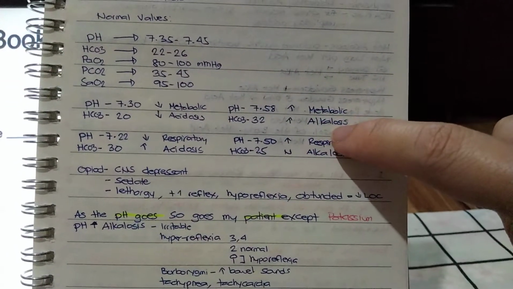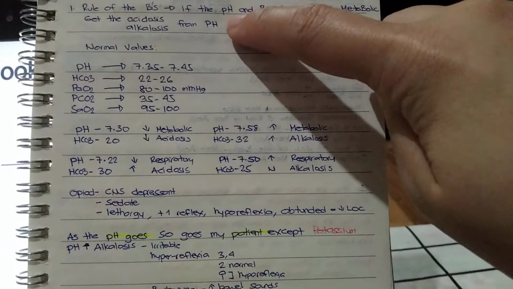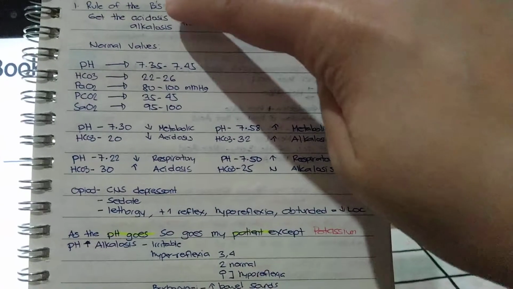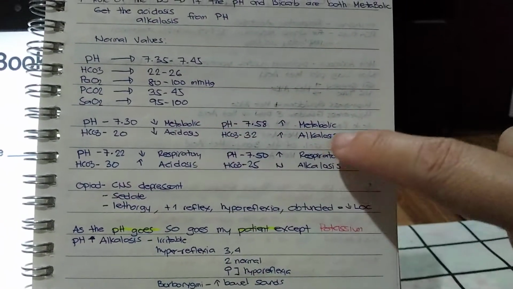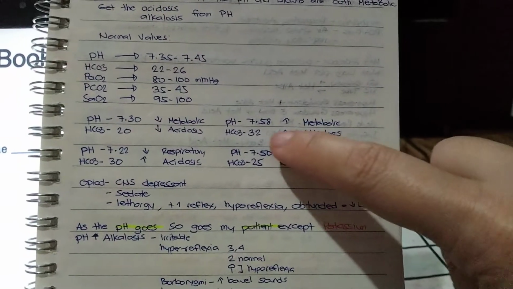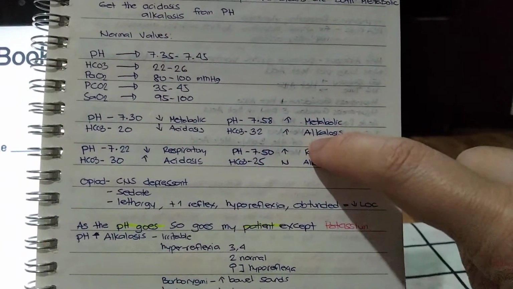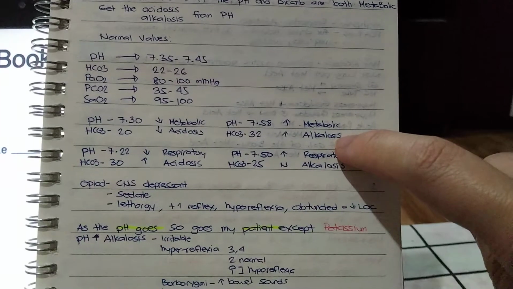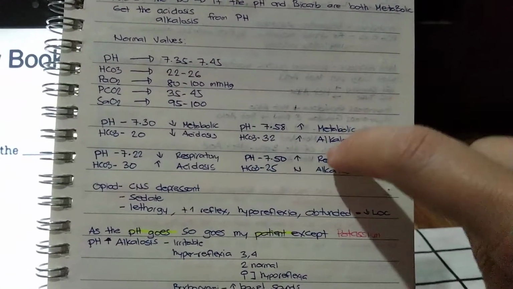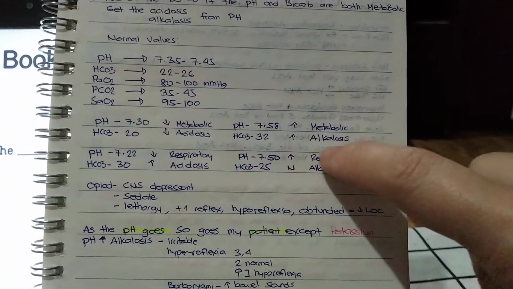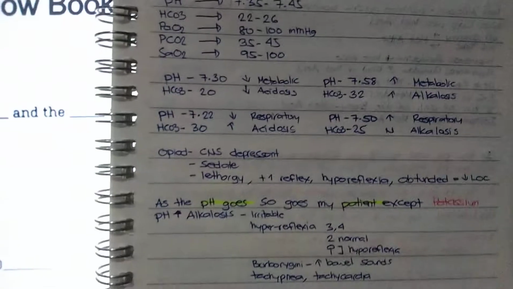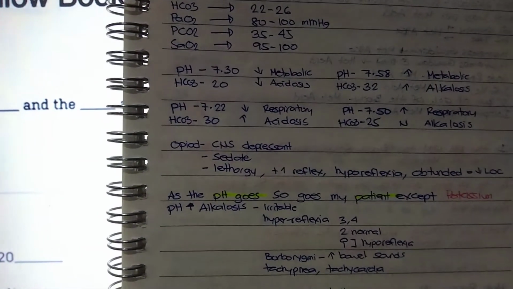How come it is alkalosis? Just as I said, if the pH is increased, it's alkalosis. If the pH is decreased, it's acidosis. In this example it is increased, so we pick alkalosis: both in the same direction, and the pH is increased, so it's metabolic alkalosis.